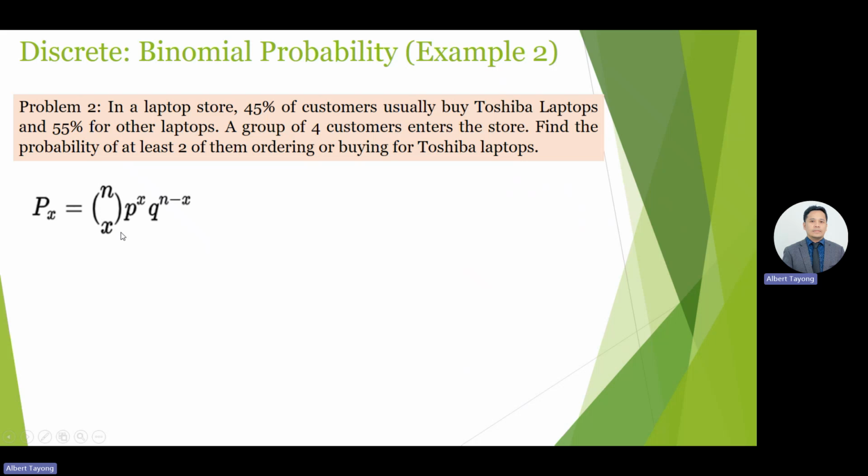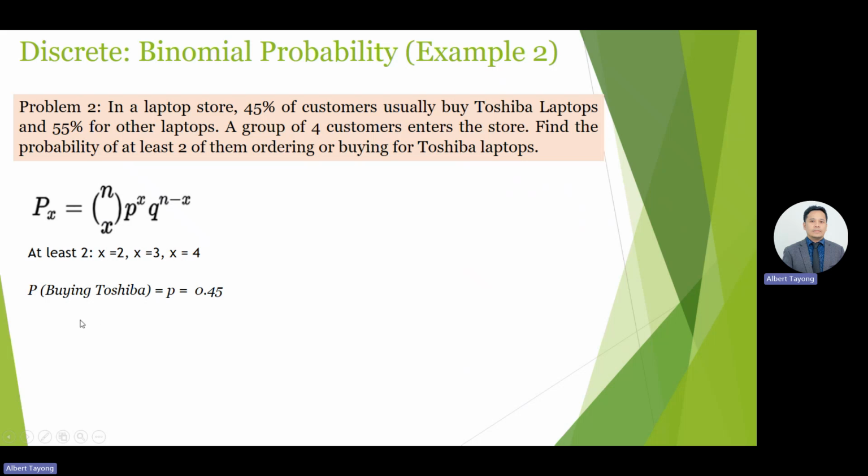Again, our formula is this, where we have to find n, x, p, and q. The question is about buying Toshiba laptops, and it's given already: 45%. And again, we have at least 2. We have 4 customers, so x is 2, 3, until 4, greater than or equal to 2.